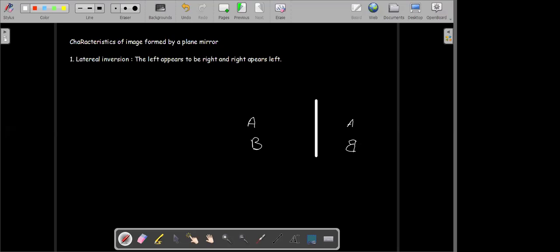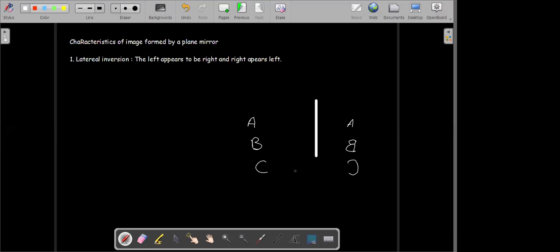So do you see that the left and right have changed? Yes or no? If you observe the letter C, it will appear like this. So you will observe lateral inversion. That means the left appears right and the right appears to be left. Got it?